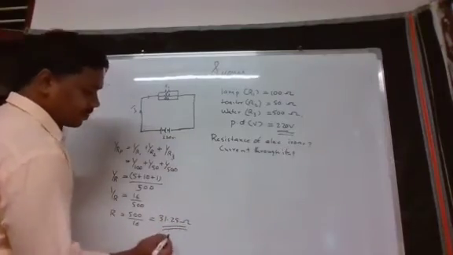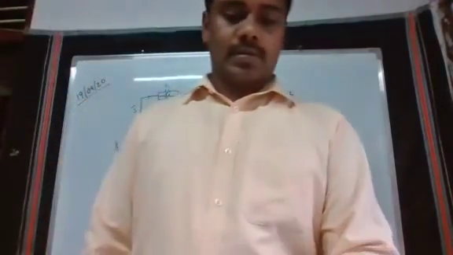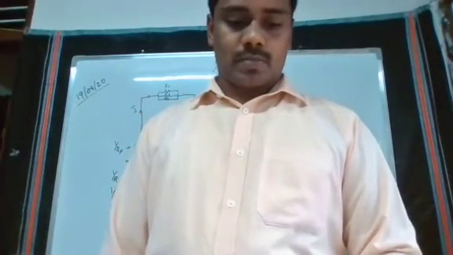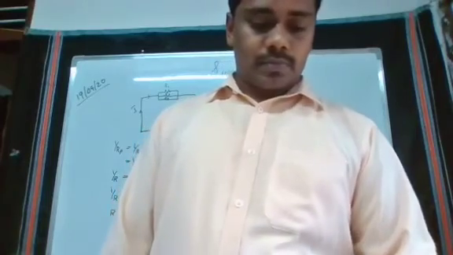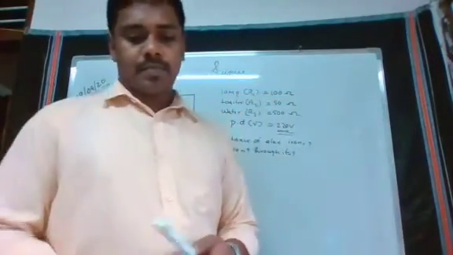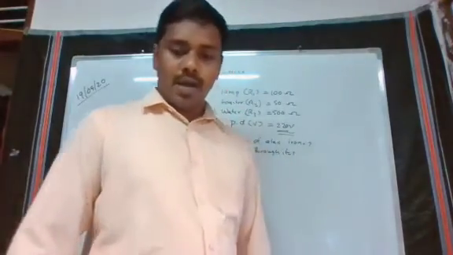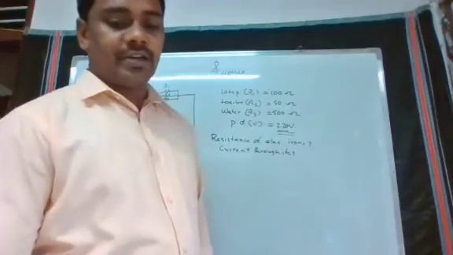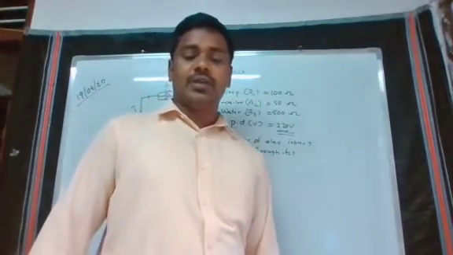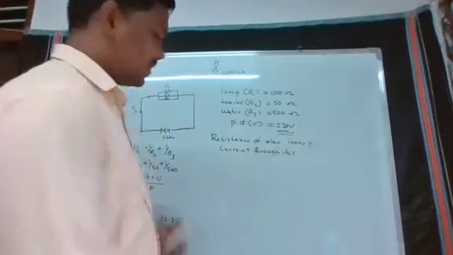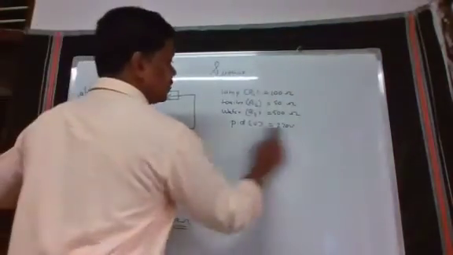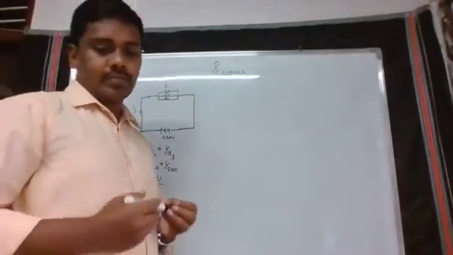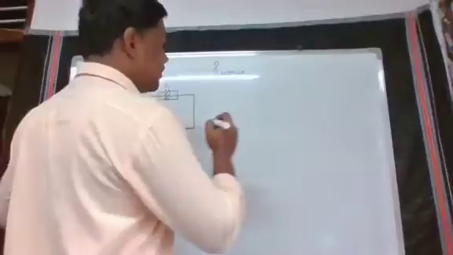Then, according to Ohm's law, the current through a conductor between two points is directly proportional to the voltage across the two points.